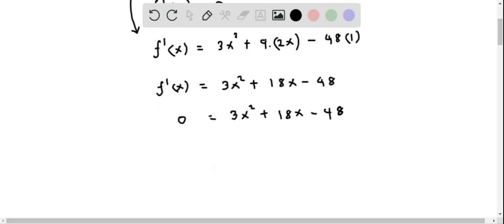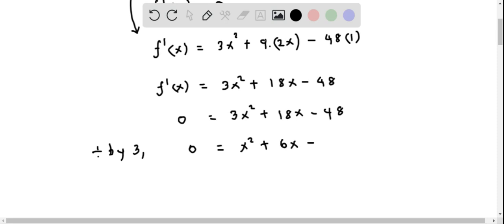Now we can make this equation a little bit simpler by dividing both sides by the common factor, which is 3. So divide both sides by 3. We get 0 divided by 3 is 0, and 3x squared divided by 3 is x squared. Then 18x divided by 3 is 6x.